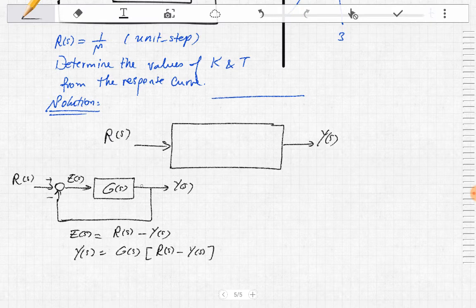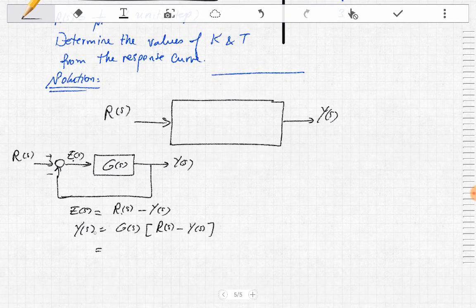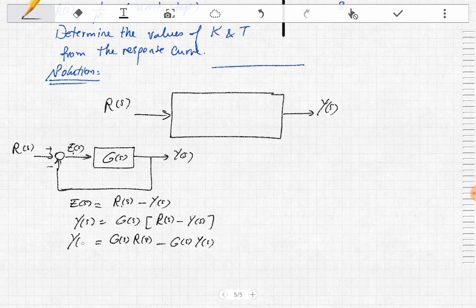So Y is this times this, and E is R minus Y. Simplified, you have Y equal to G of s times R of s minus G of s times Y of s.